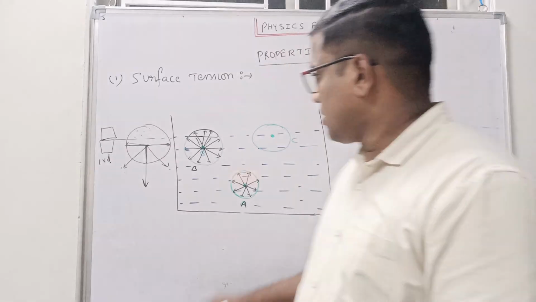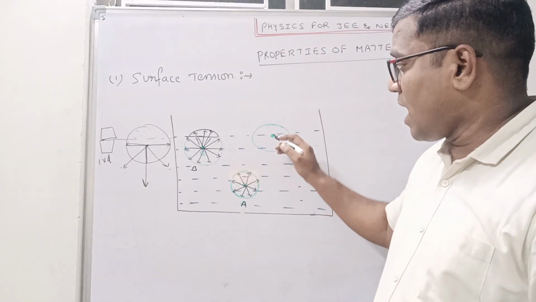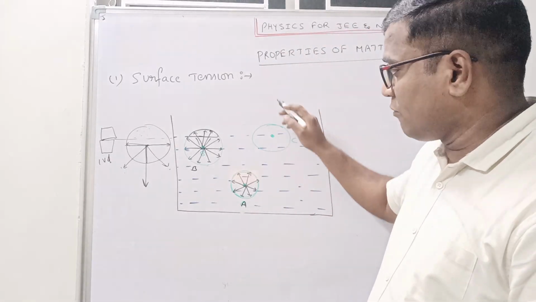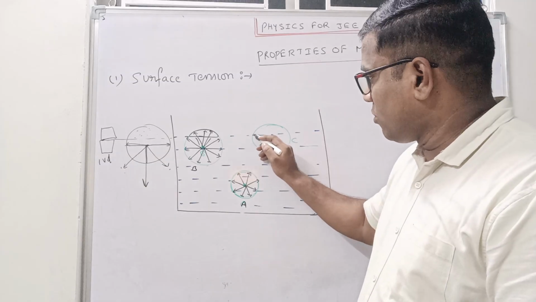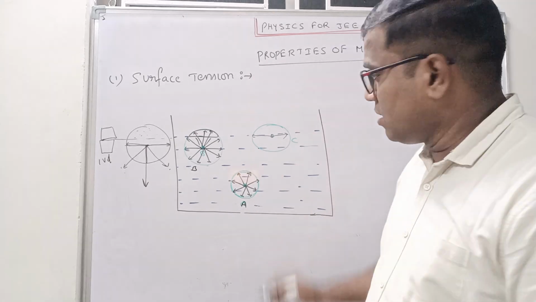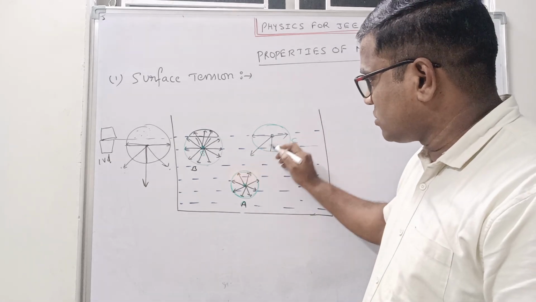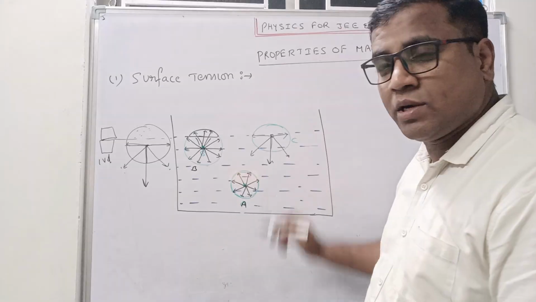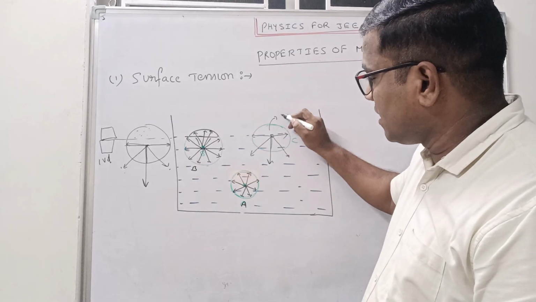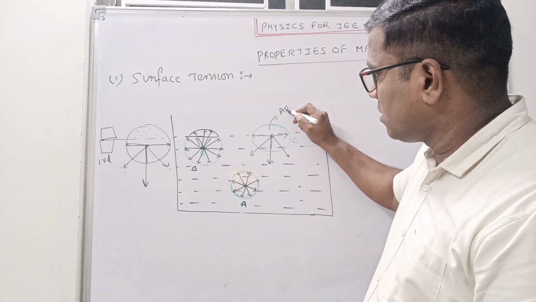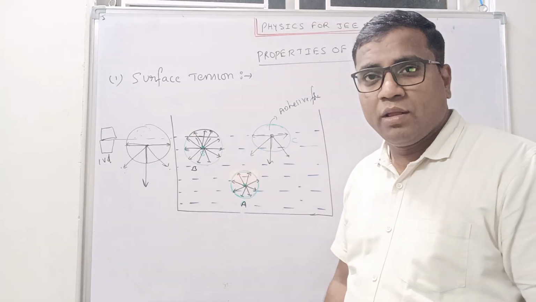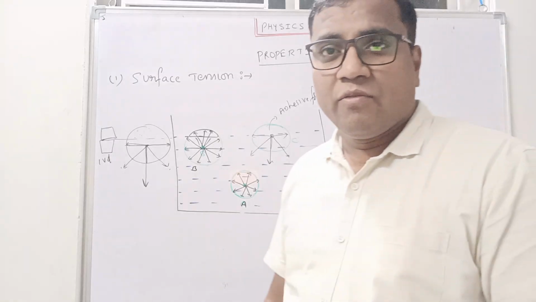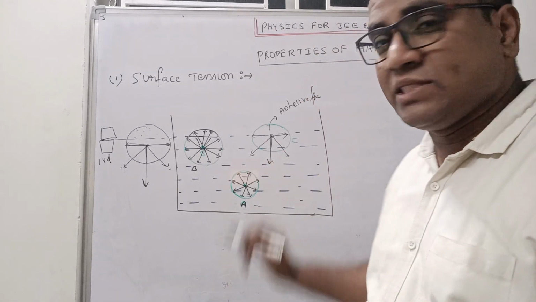Clear? Now you see this one. Half is inside and half is outside. This point is exactly on the surface. So this force may get cancelled. Again the same situation, the net force will be downward. And even if you consider the adhesive force, we know this adhesive force is less when compared to the cohesive force.